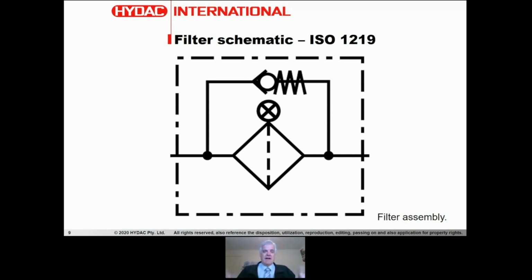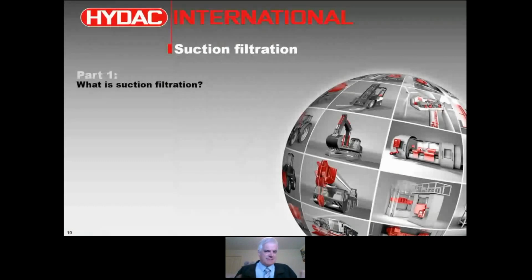That whole thing that includes the filter, the bypass, the indicator, and anything else is one assembly. So that's the symbol for a filter assembly, and it's the one that you'll typically see on many hydraulic schematic circuits. That's the schematic symbol, done. It pretty much doesn't change much.